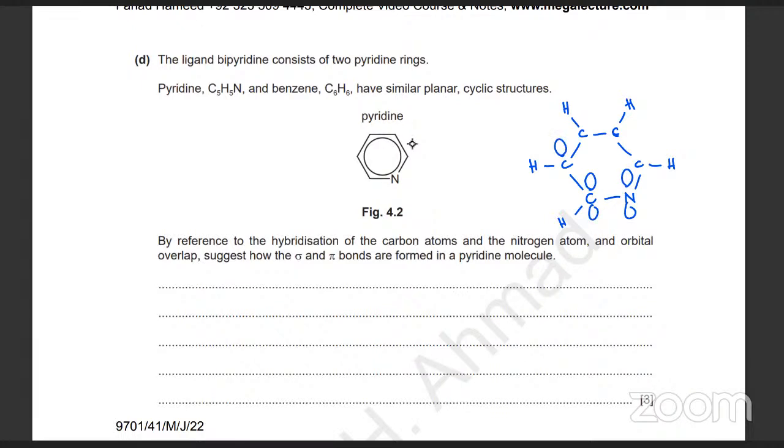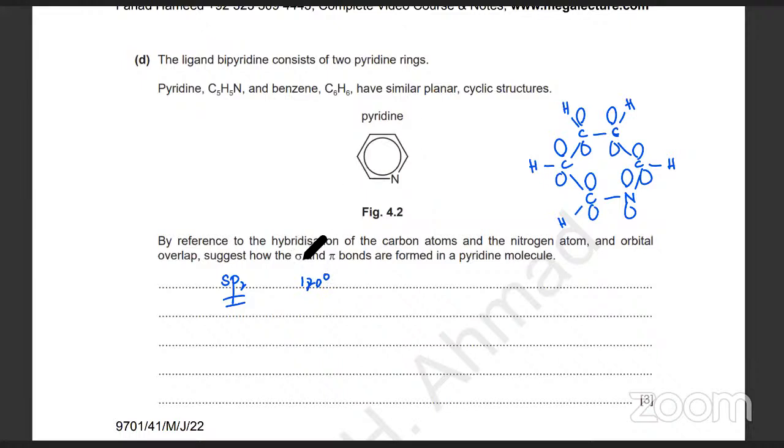The fourth orbital will be available and they would be forming pi bonds. So the first thing is by reference to the hybridization. We're going to state that all of them are sp2 hybridized. They have an angle of 120 degrees.